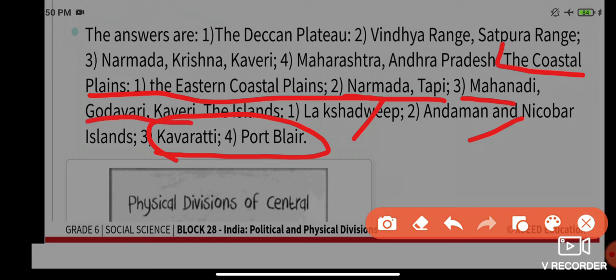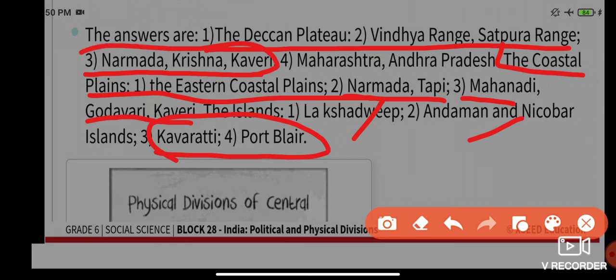Alright, they are names of the rivers under coastal plain. So when it comes to Deccan Plateau, the Vindhya range, Satpura range, Narmada, Krishna, Kaveri. So remember here, Narmada, Krishna, Kaveri are names of rivers that you'll find under the Deccan Plateau. Alright, and also Maharashtra, Andhra Pradesh, they are part of Deccan Plateau.